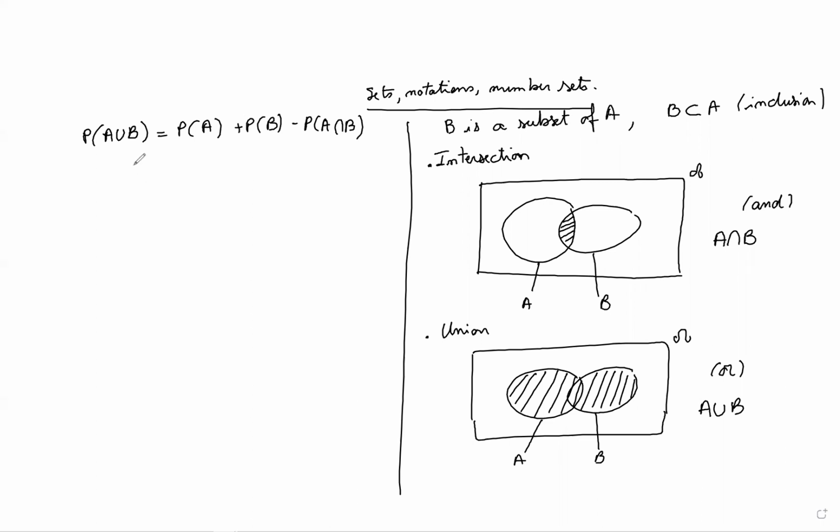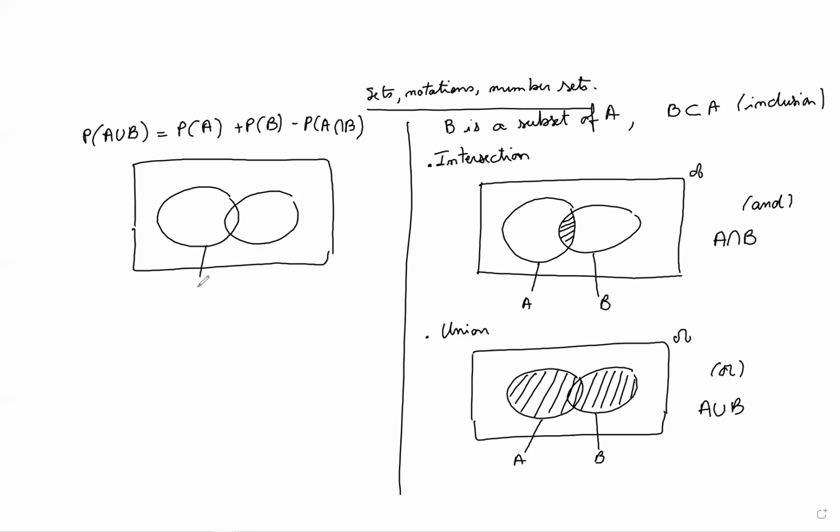Because if you want to have A union B, your first idea will probably be to take the elements of A, this is this, and take the elements of B, this is this.